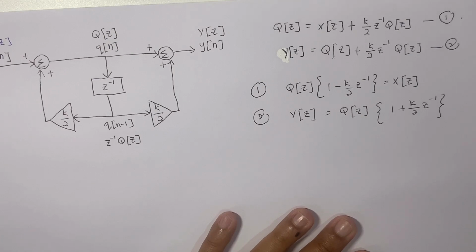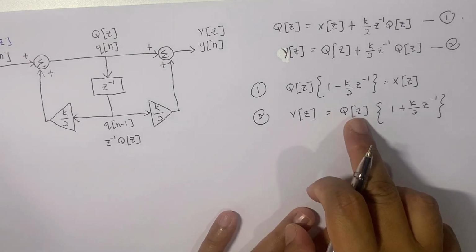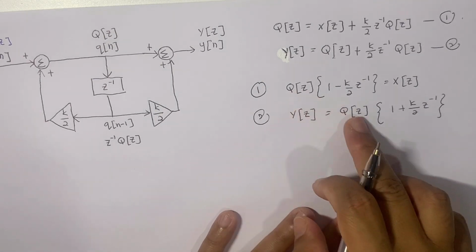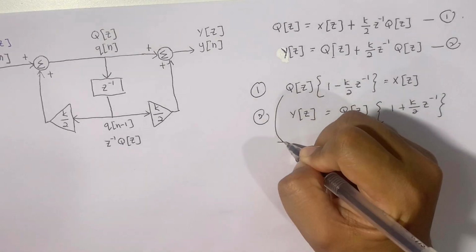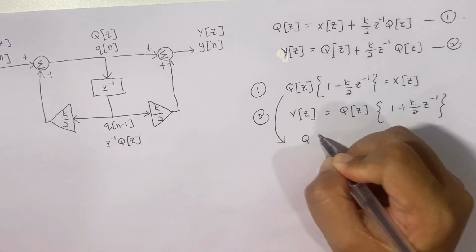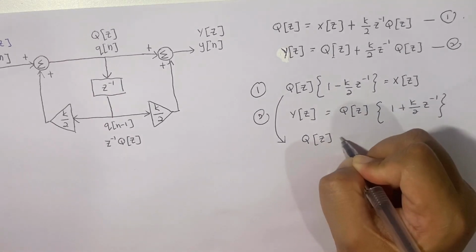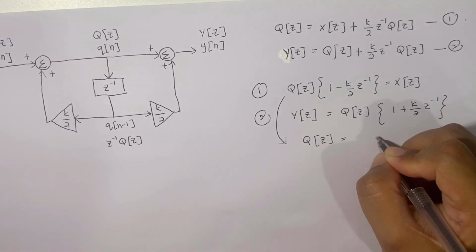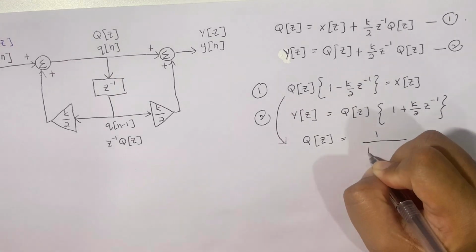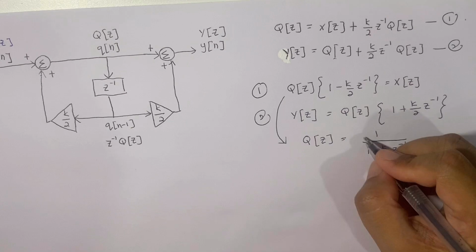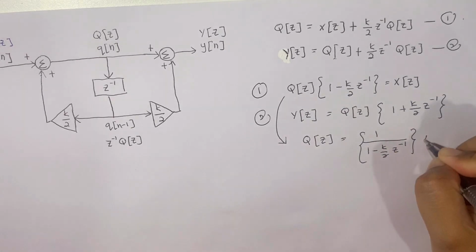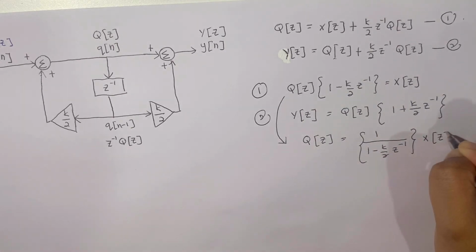Okay, now substitute Q(z) into this equation. So from this Q(z), you will get 1 over 1 minus k over 2 z to the power of negative 1, X(z).